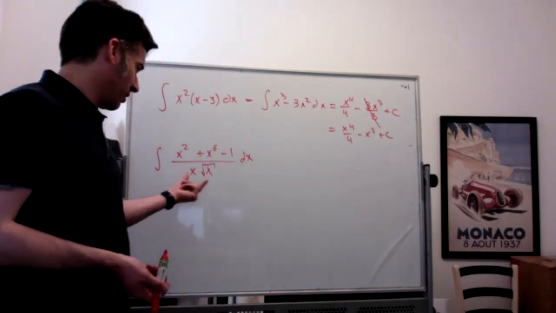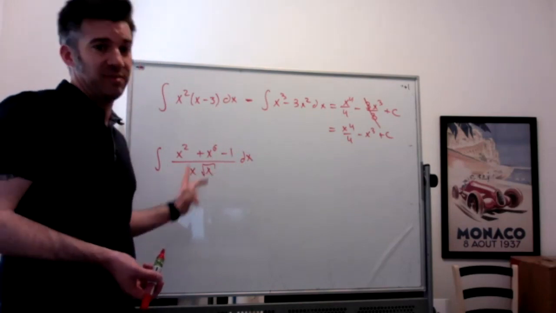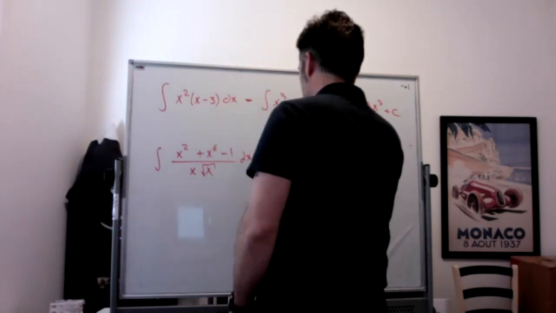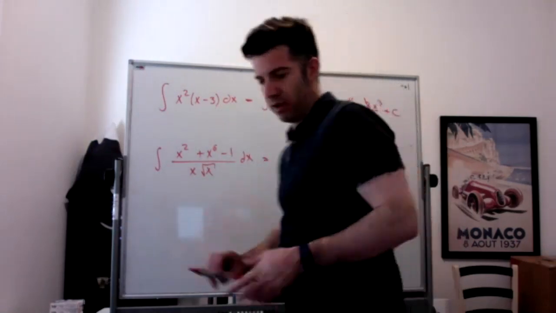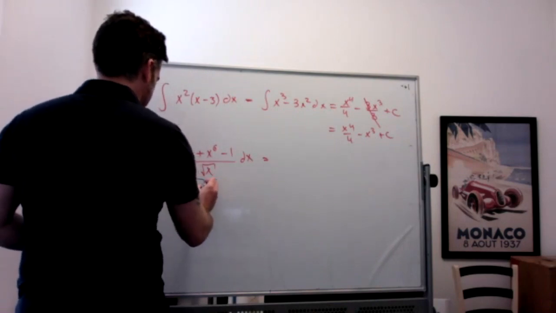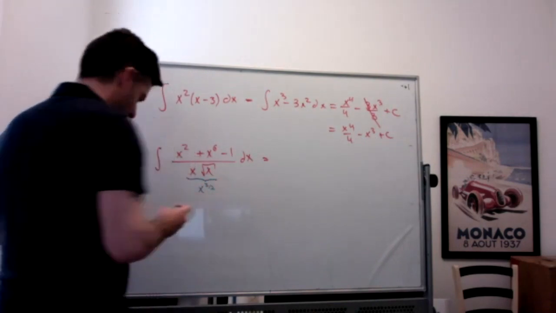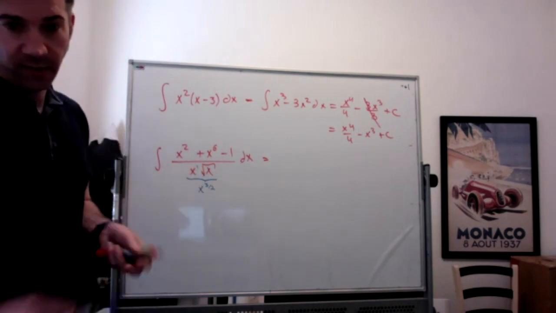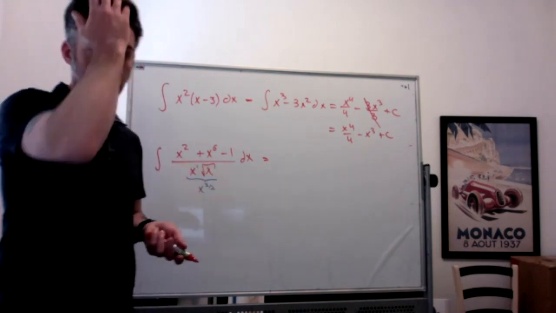We just have to do a little more. So to simplify the denominator, x times x to the 1/2, right? That's going to be, in fact, let me use a different color here. This here is x to the 3/2, with x to the 1st times x to the 1/2. We add the powers, and 1 plus 1/2 is 3/2.